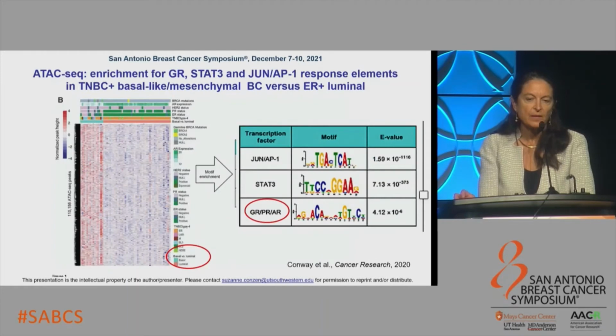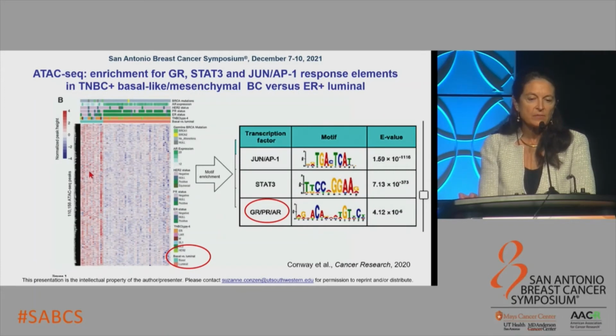In a really interesting new paper from the University of Utah, Conway et al. showed with ATAC-seq, taking primary tumors from TNBC basal-like and mesenchymal patients, that there is a very different chromatin exposure between luminal, shown in the purple and blue, and the mesenchymal basal triple negatives.